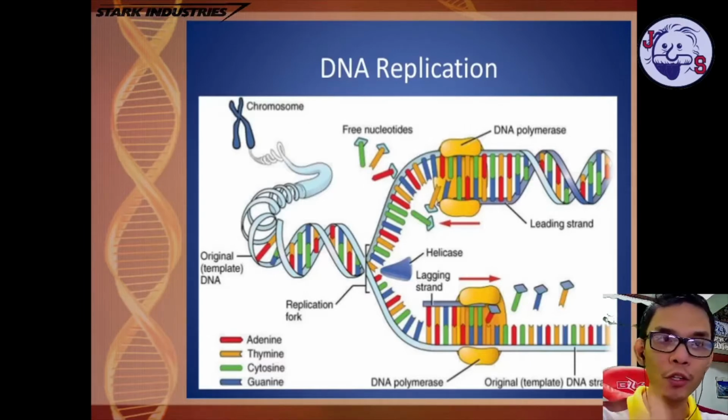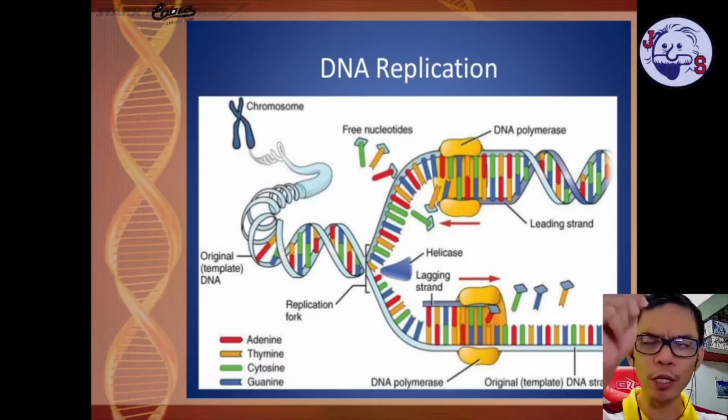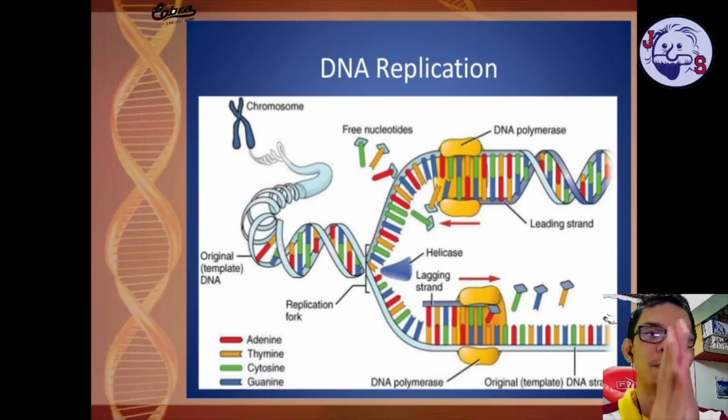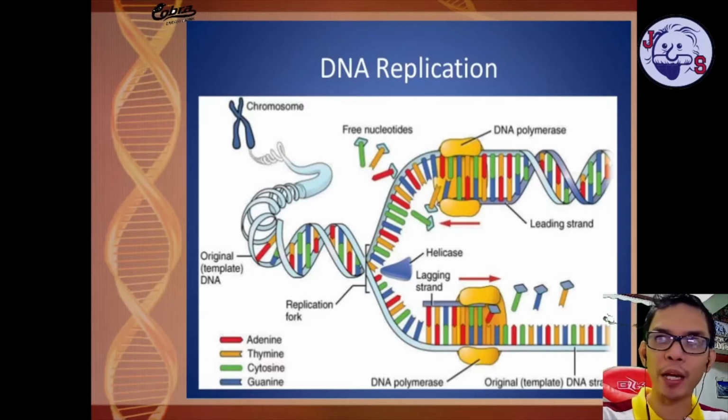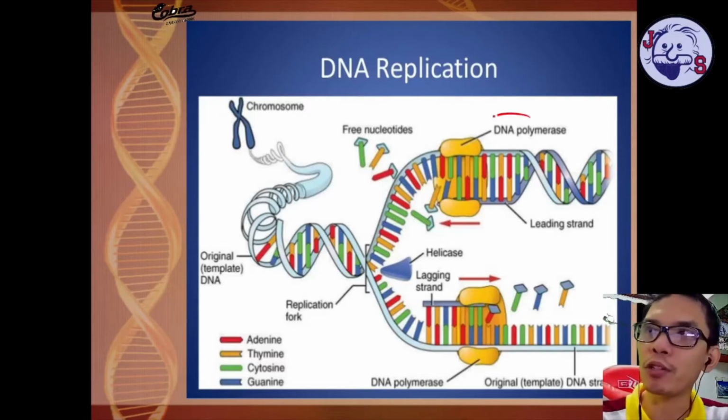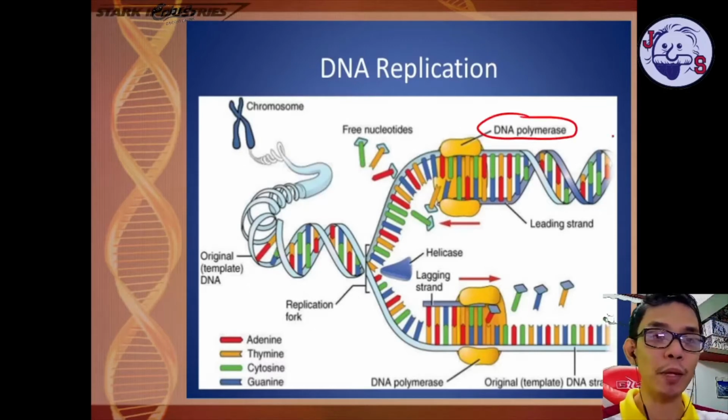When you pull down your zipper, the two parts of the zipper separate. Now after the separation, here comes the DNA polymerase. The DNA polymerase is currently synthesizing the strand in order to return the DNA into its double helix format.